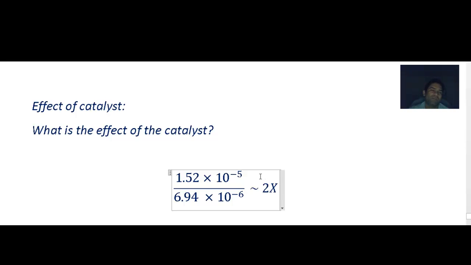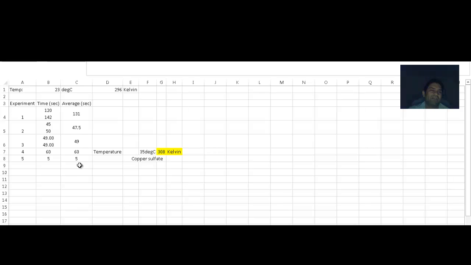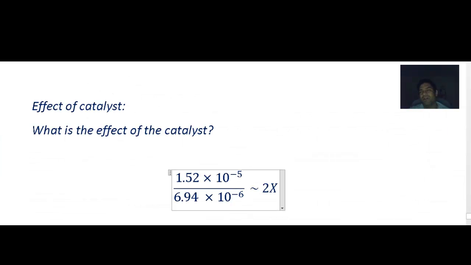Here I'm comparing it with the first reaction. If you compare it with the second and third experiment reaction rates, you'll probably get answers somewhere in the vicinity of about 1 to 2.5 times as fast. So the catalyst makes things faster. You probably have seen and witnessed that firsthand.